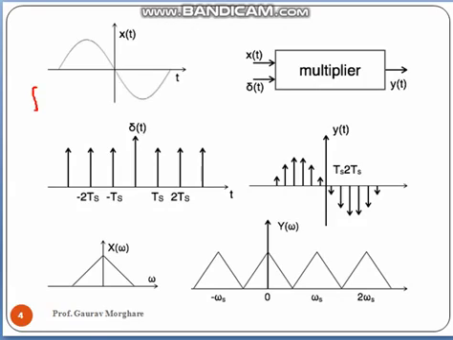We can also know that if we say fm is the maximum frequency component present in the signal, its unit is hertz. And if I say that the maximum frequency has the value omega m, then its unit is radian per second. We know that omega is equal to 2 pi f.